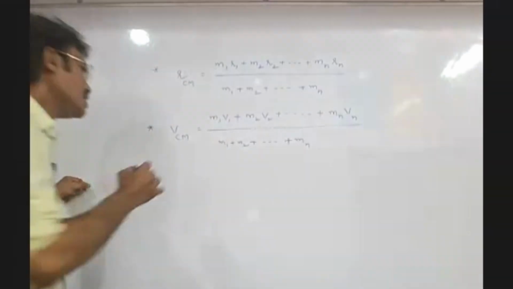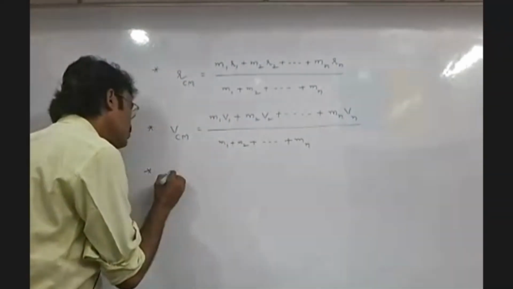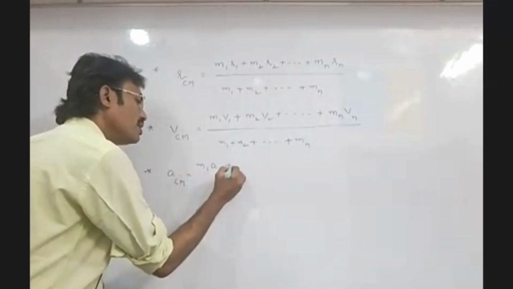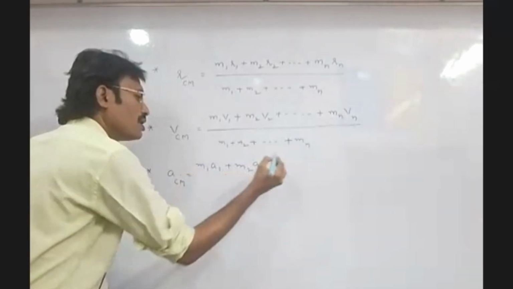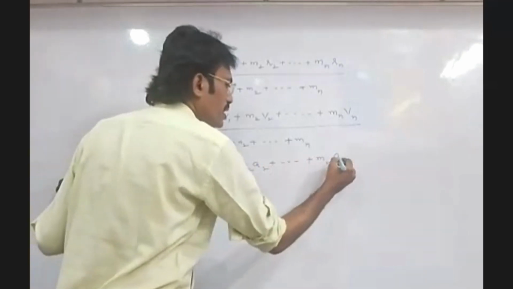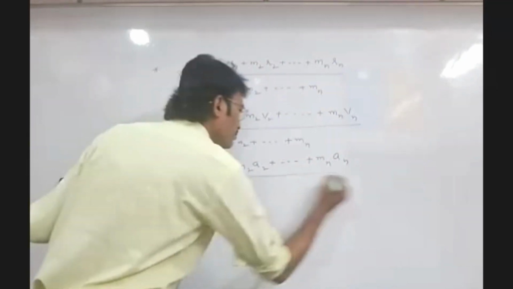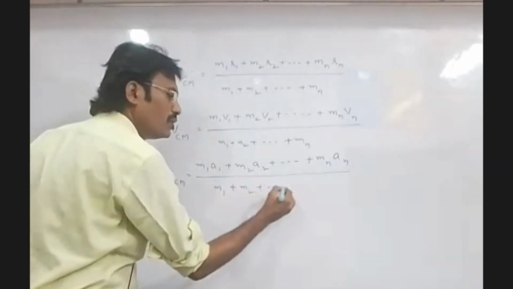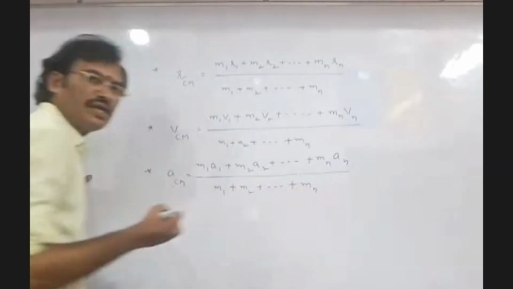In the same way, the acceleration of center of mass ACM is equal to M1 A1 plus M2 A2 plus and so on plus Mn An by M1 plus M2 plus and so on plus Mn.